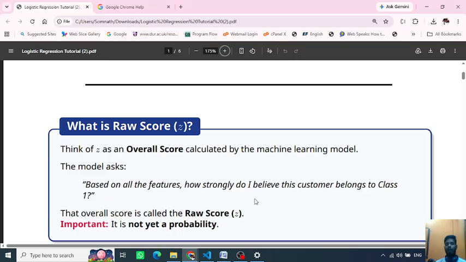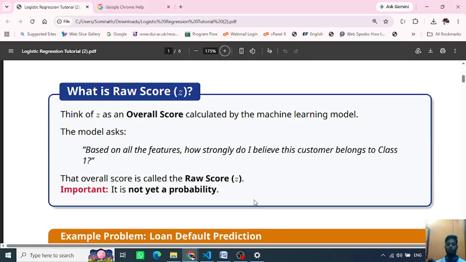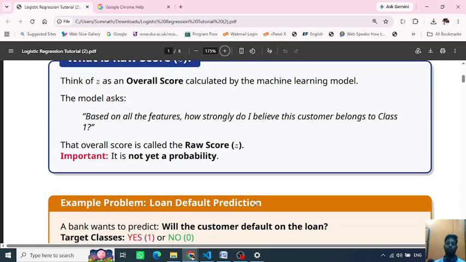If you can remember, last day I have shown you the bank loan related data, whether one customer will be a defaulter or not. So I'm continuing with the same example.